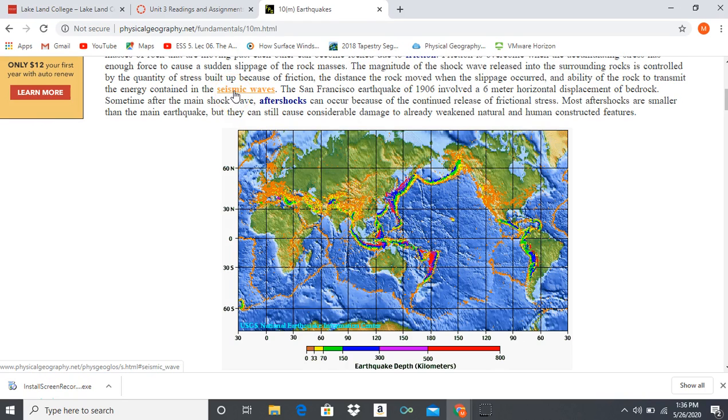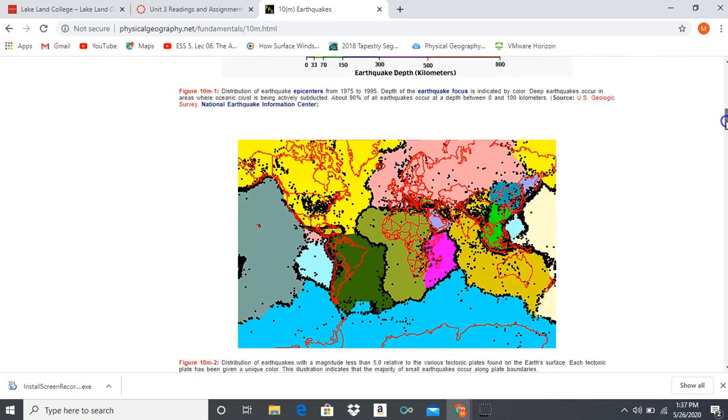Seismic waves are created, and we call them P and S waves, and you'll have a lab on those, understanding how you can use P and S waves and how fast they travel to understand where the epicenter of an earthquake occurs. So when we study earthquakes using the Richter scale, you'll figure out by looking at seismic waves where they originated from and locate the epicenter of where an earthquake occurred.